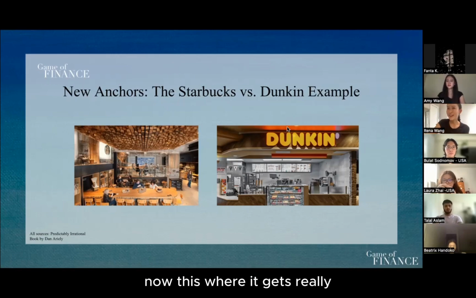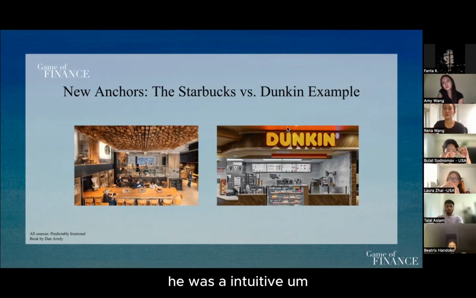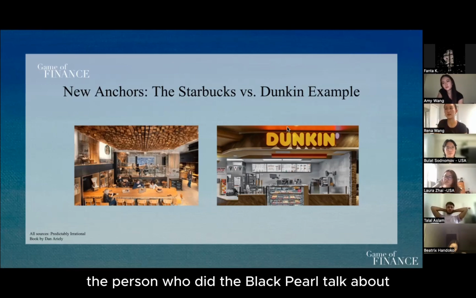Now this is where it gets really, really interesting. The founder of Starbucks, Howard Schultz, created Starbucks. He was as intuitive a businessman as the person who did the Black Pearl I'll talk about.